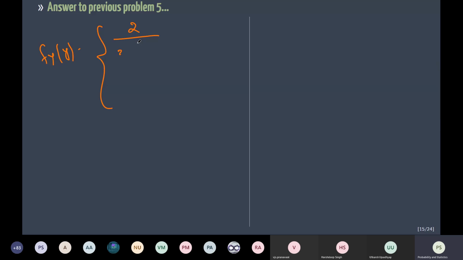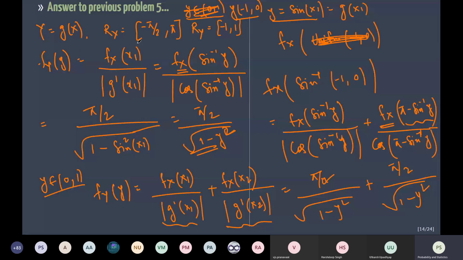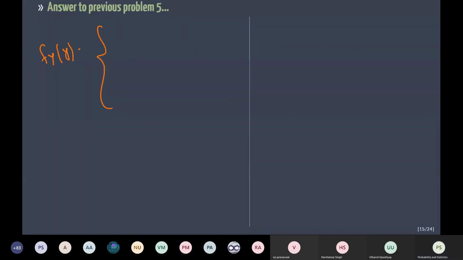Here it was pi by 2 square root of 1 minus y square when y was between minus 1 and 0. And here it was just pi, so pi by square root of 1 minus y square, for 0 less than y less than 1. Otherwise it will be 0.